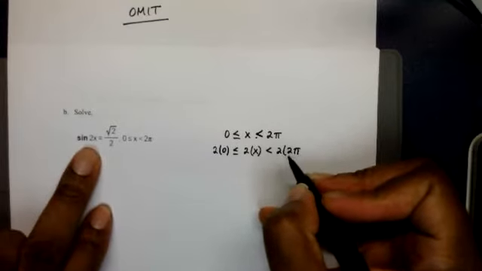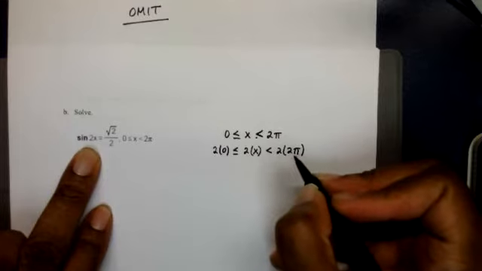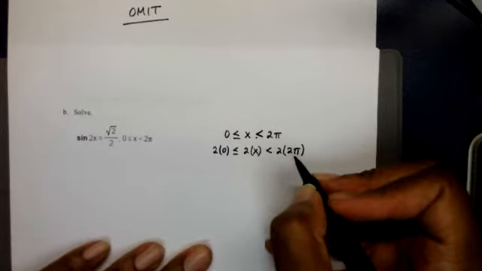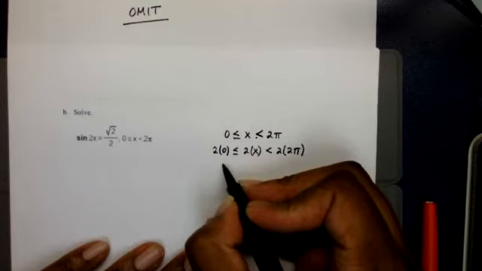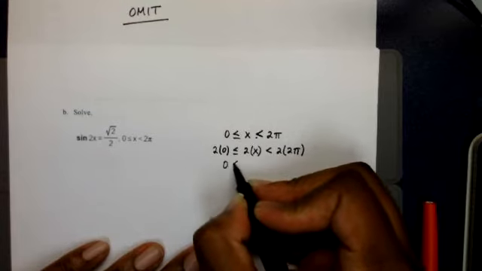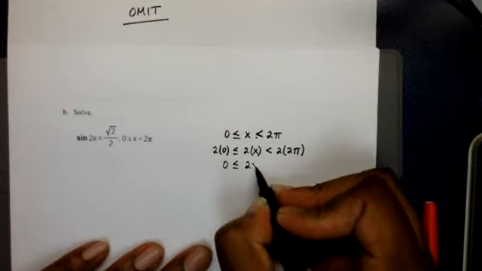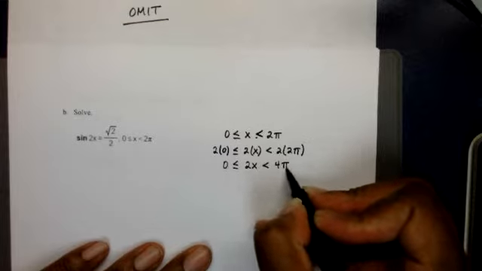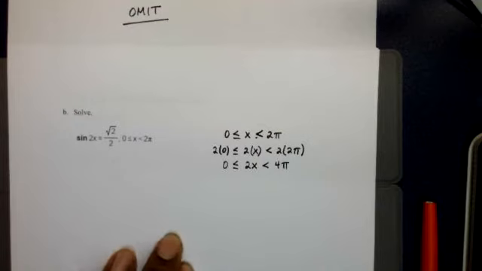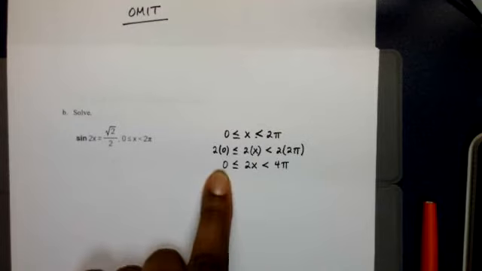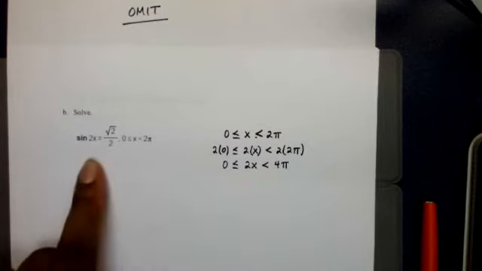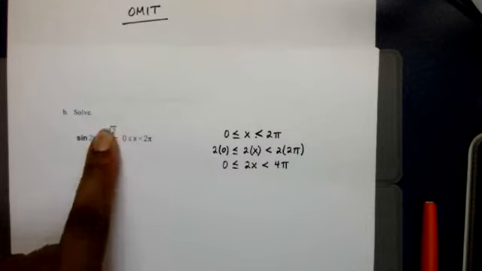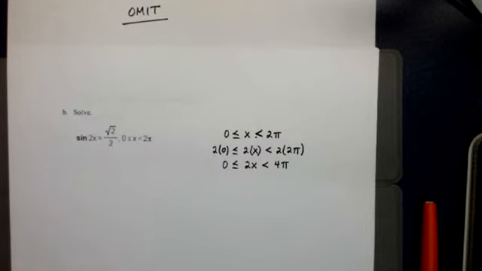Because notice I got sine of 2x, not sine of x. So my domain this time will be 2 times 0, that's 0, less than or equal to 2x, and less than 2 times 2 pi will be 4 pi. So I need to look for x values between 0 and 4 pi, where the sine of 2x will be the square root of 2 over 2.